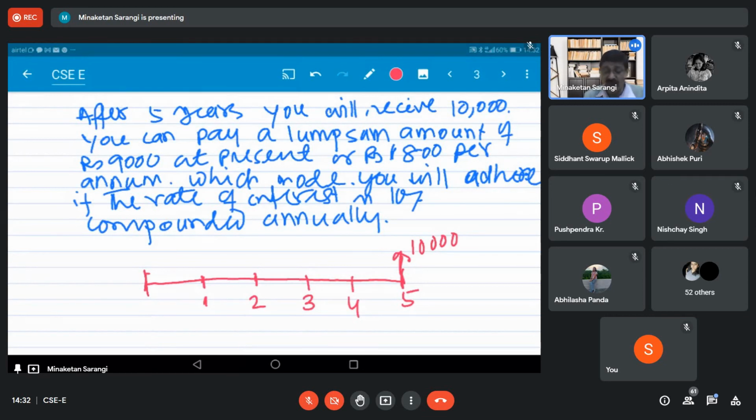So the option is, I will pay 9,000 at present. This is the present value, time 0. I will pay 9,000 here. Or I will pay 1,800 per annum: here 1,800, here 1,800, here 1,800.